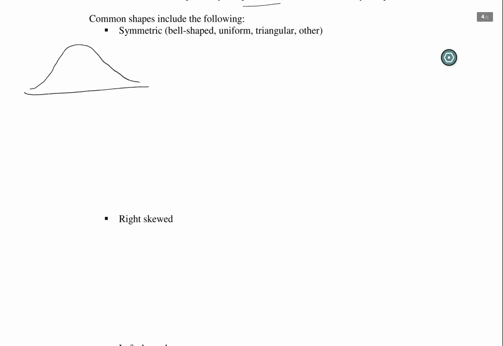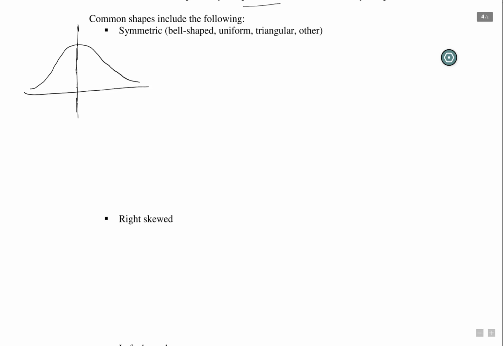Bell-shaped will look something like this. Sometimes it's called mound-shaped. But you can see it's got one mode, one maximum there, and it mirrors about that middle point there. It looks like a bell here. And the thing about a symmetric distribution, it reflects that moderate values are more likely than extreme values.